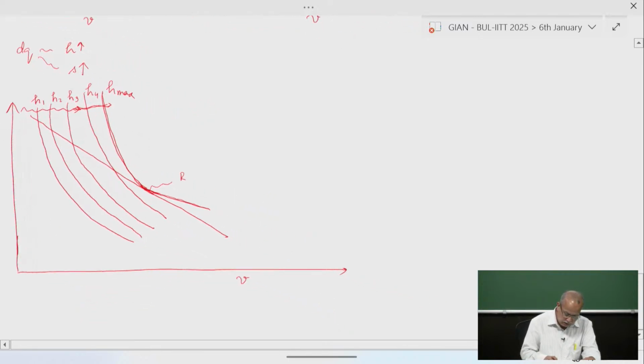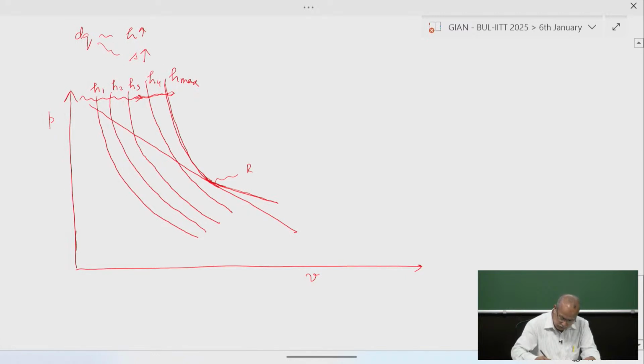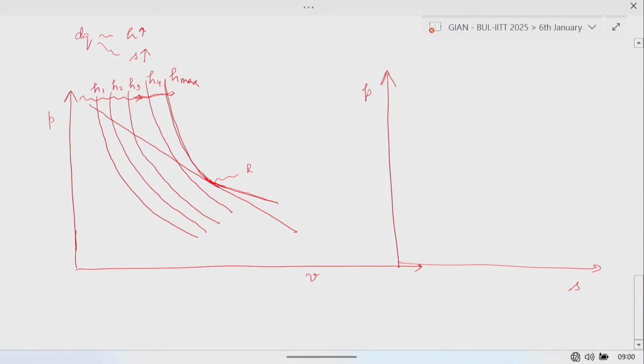Now the similar effect will also be observed for an S line. So if I superimpose the R line and I'm going to heat, dq, so here you see this one here.